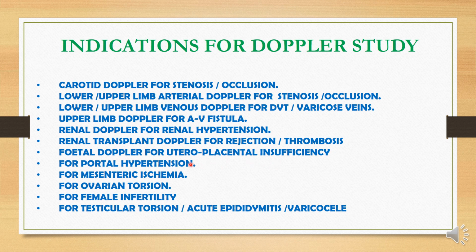And other indications in abdomen are portal hypertension, mesenteric ischemia, also in cases of ovarian torsion in females, and to rule out testicular torsion, acute epididymitis or varicocele in male patients. And color flow imaging is also used in cases of female infertility to see the flow at the endometrial bed of the uterus.